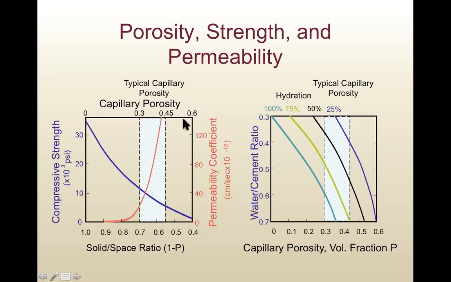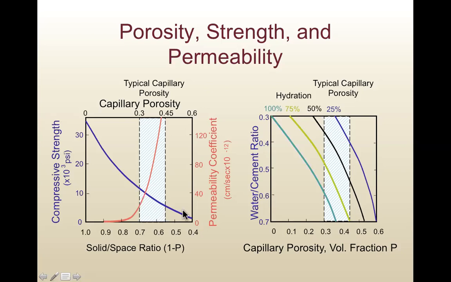When we increase porosity, the permeability will increase. So by reducing the porosity, the strength will be higher and the permeability will be lower. The range for typical capillary porosity is between 0.3 to 0.45. This range is for normal or typical concrete.